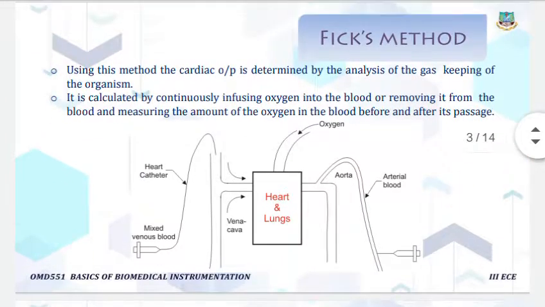First one, the Fick method. In this we are analyzing using the amount of oxygen. We know oxygen is entering into the tissues and the tissues are releasing carbon dioxide. So in this Fick method, the cardiac output is determined by analyzing the gas exchange of the organism. It is calculated by continuously infusing oxygen into the blood or removing it from the blood.